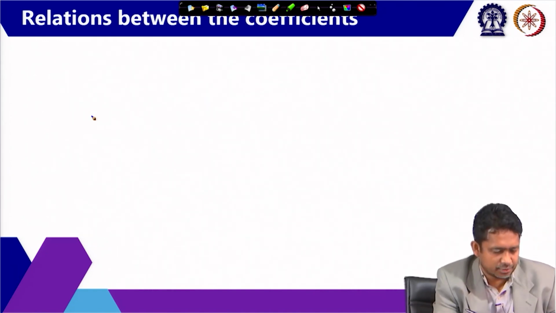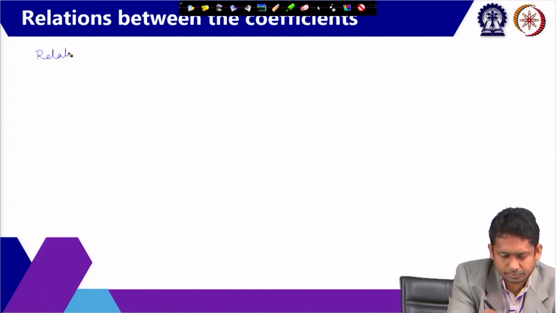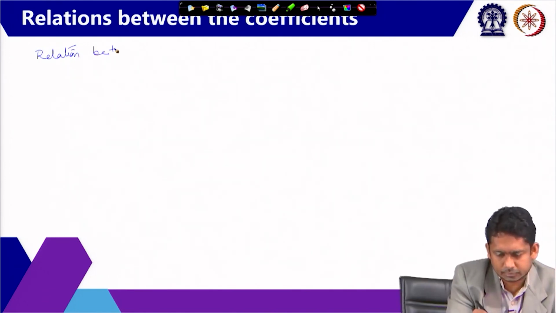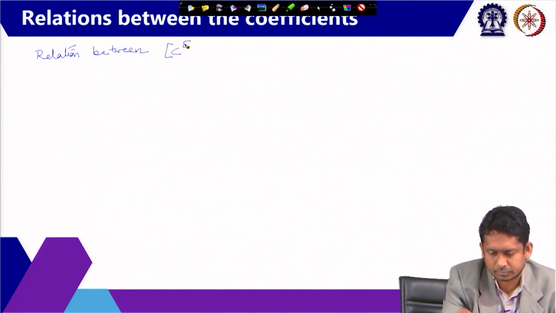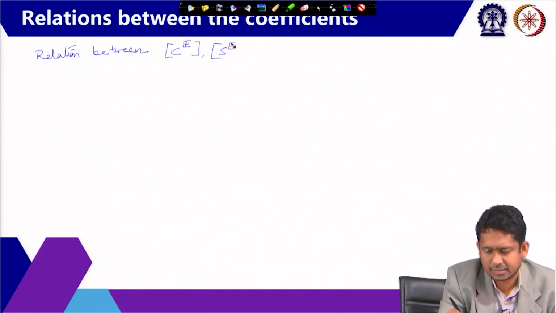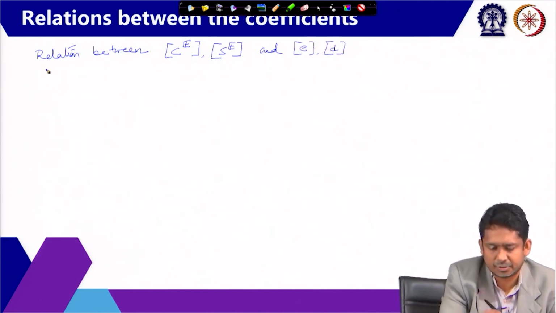First we will try to find out the relationship between CE, SE, and through this we can find out the relation between E and D also.